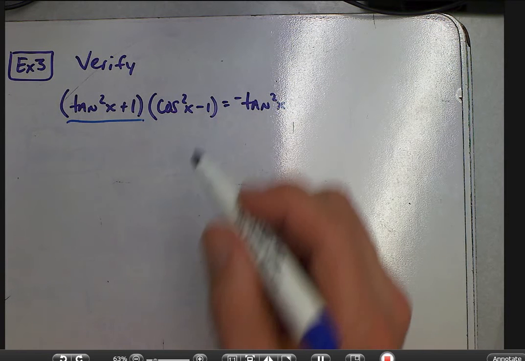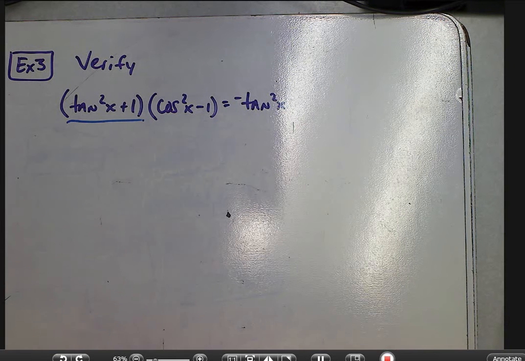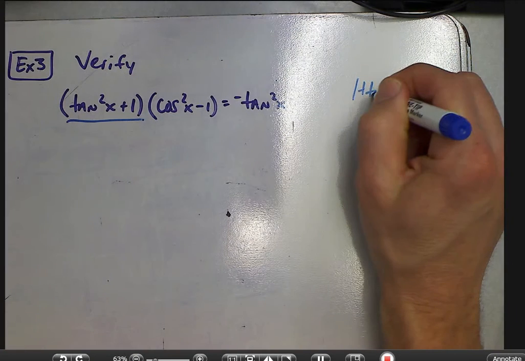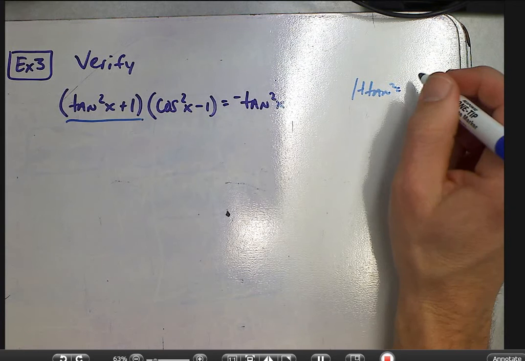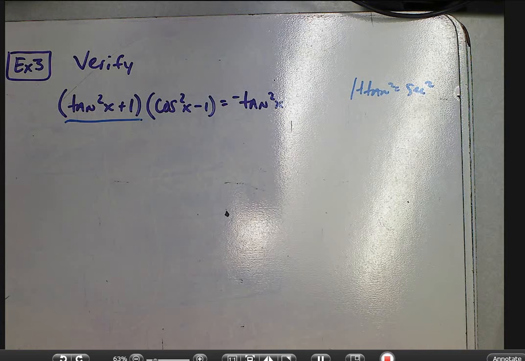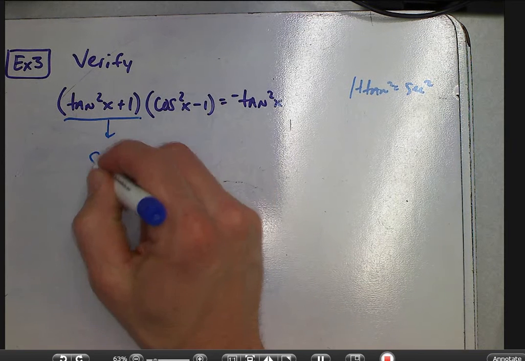So I believe the trig identity itself, let me look this up real quick, but I'm pretty sure that's what it says. The identity says 1 plus tangent squared equals secant squared. That's an identity right out of the book. So I'm going to replace that with secant squared of x.